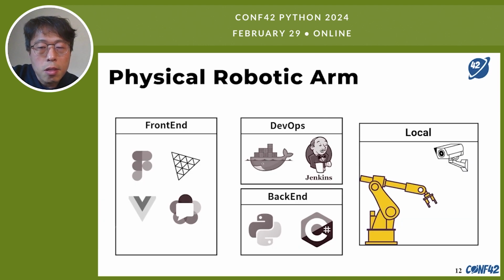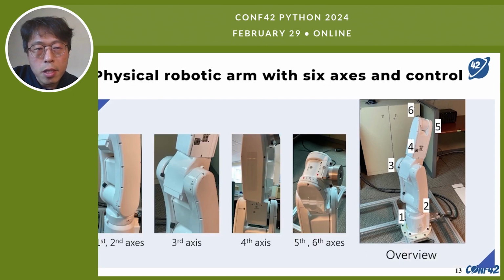And yeah, we continue to show the physical robotic arm here. So here we see the physical robotic arm with its axes and the control. So you see many pictures here, different angles to see the physical robotic arm.